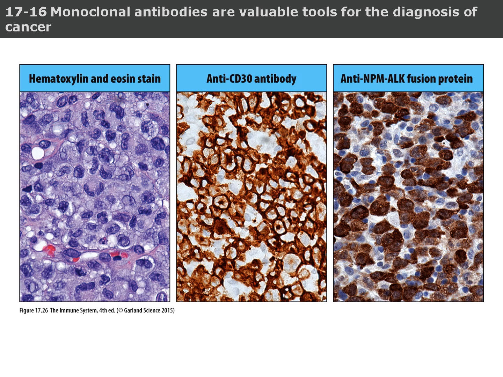Staining with anti-NPM-ALK fusion protein antibody identifies tumors with the NPM-ALK translocation, a genetic alteration seen in anaplastic large cell lymphoma. These targeted stains improve diagnostic precision and inform appropriate treatment strategies.